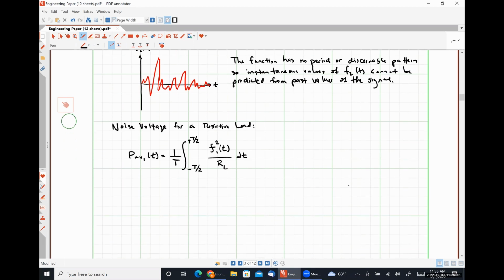If we have an aperiodic signal, we have to carry out this measurement over a longer time. So for our function f2 of t, we're going to do something similar here.